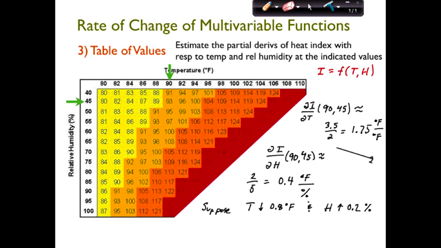What will the resulting change in index be, and what would you suppose the new index would be? So predict the change in I and the new I. So both these things happen, okay? The temperature goes down 0.8 degrees Fahrenheit, and the humidity goes up 0.2 percent. So what would the change in index be, and what would the new index be?